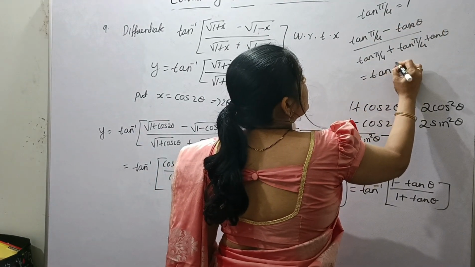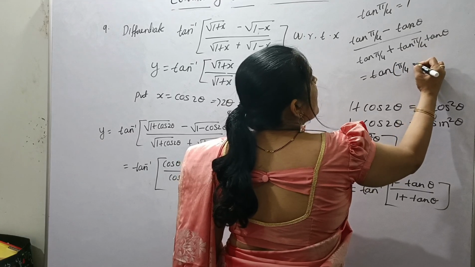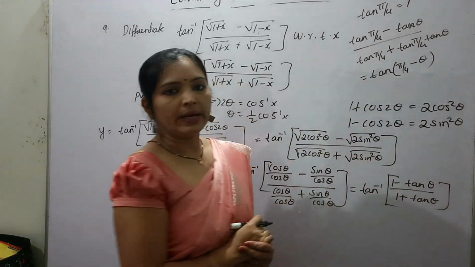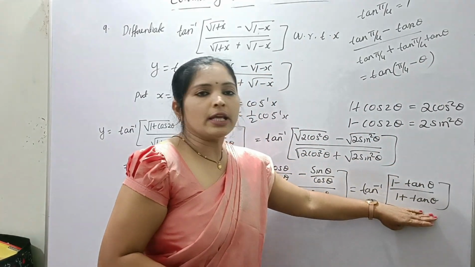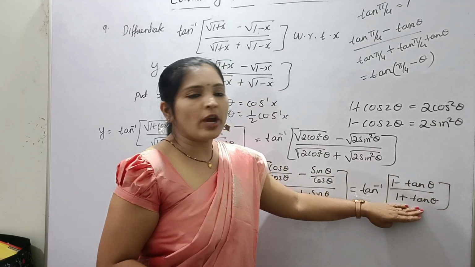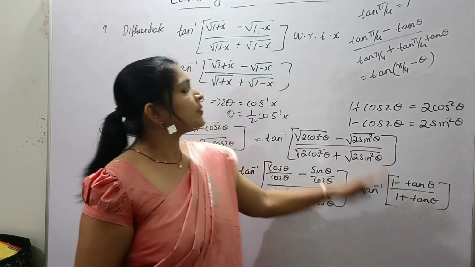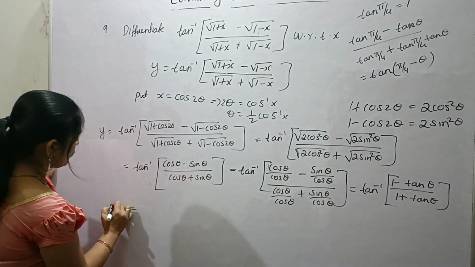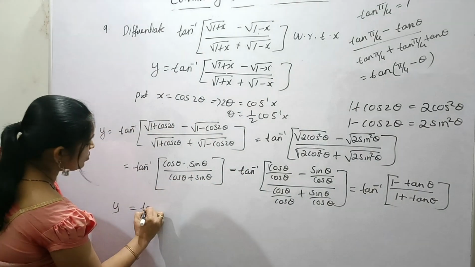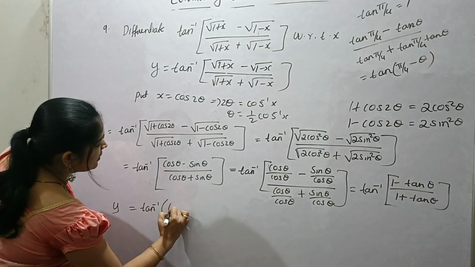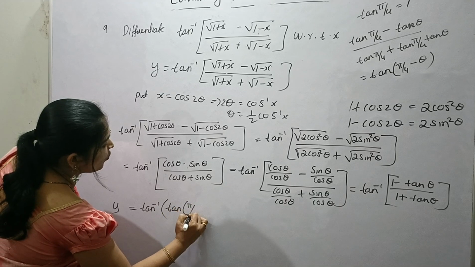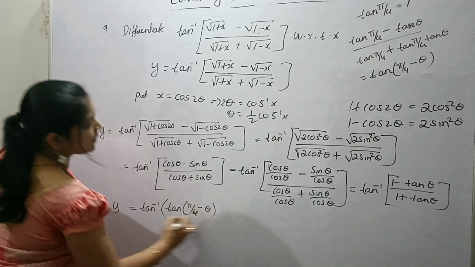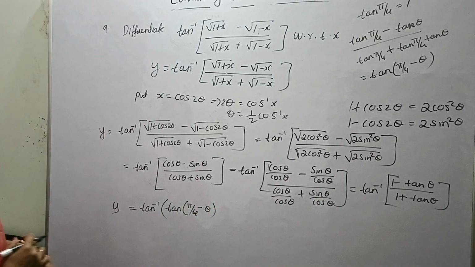So 1 minus tan theta divided by 1 plus tan theta is tan of pi by 4 minus theta. So we have got y is equal to tan inverse of tan of pi by 4 minus theta.